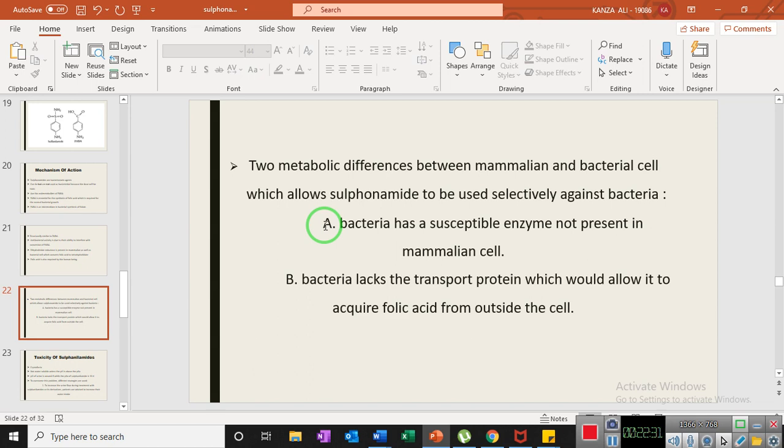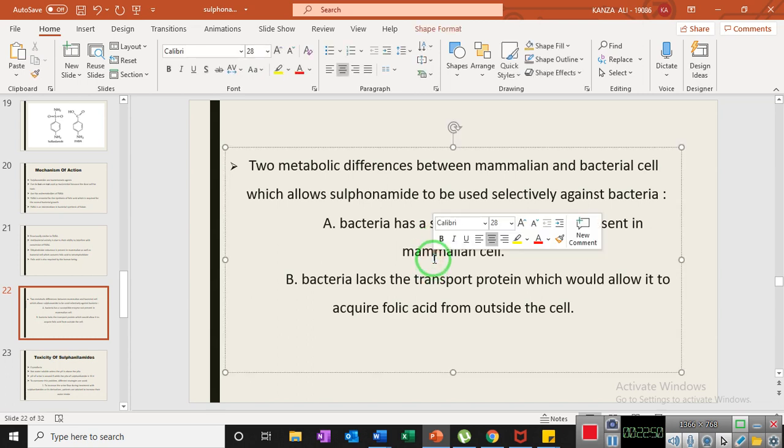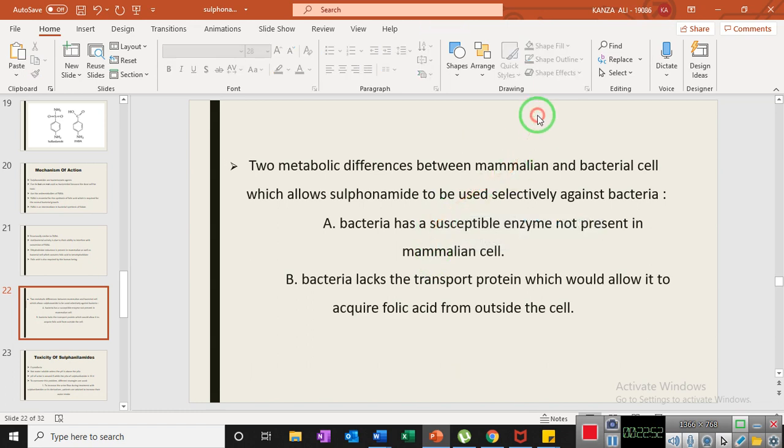We have got at least 2 points of differentiation. One is bacteria has a susceptible enzyme which is not present in mammalian cell. Second, bacteria lacks the transport protein which would allow it to acquire folic acid from outside the cell.